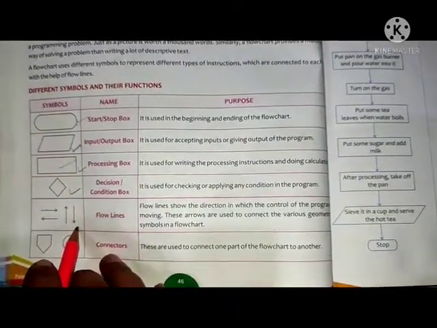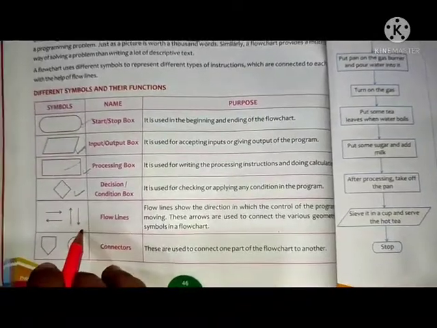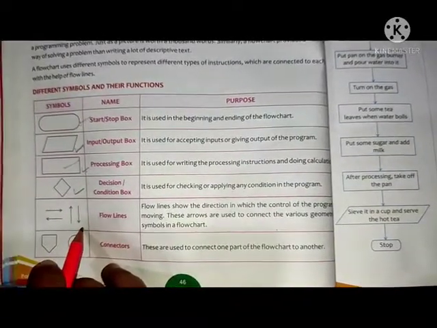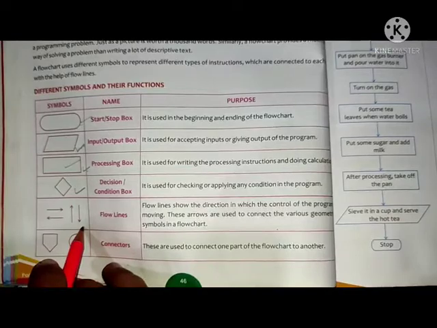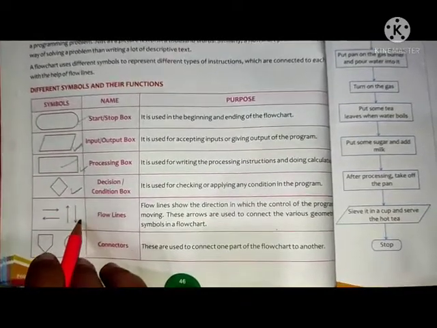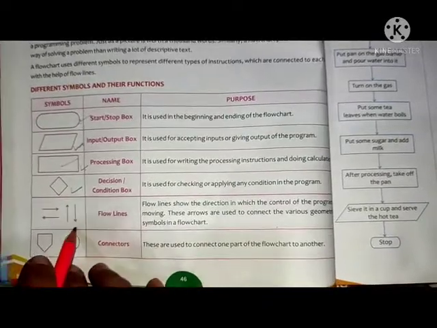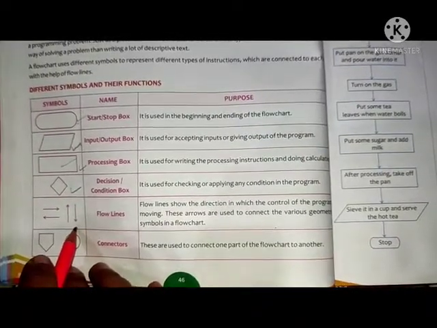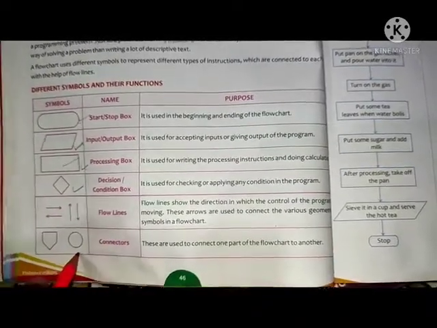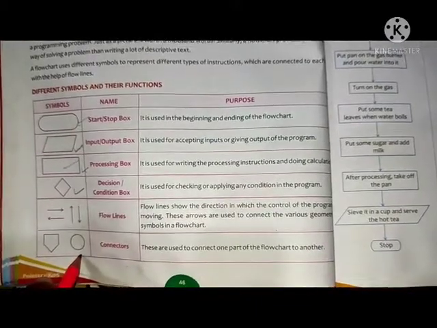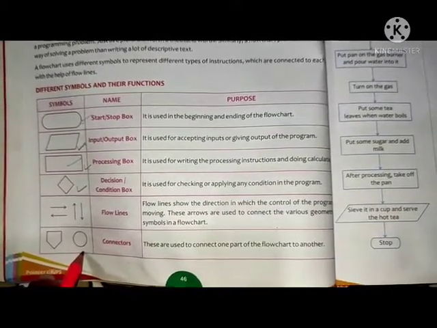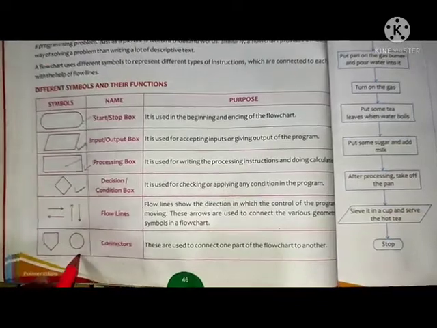Flow lines. So these lines give the direction in which the control of the program is moving. From which step you have to move to which step. These lines are telling the direction. Then connectors. These connectors are used to connect one part of the flowchart with another part.